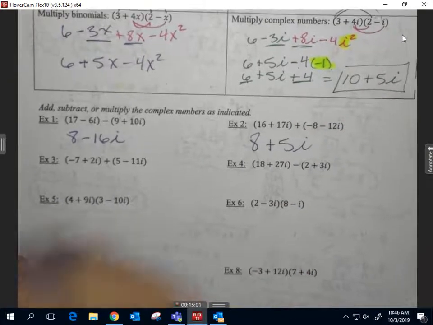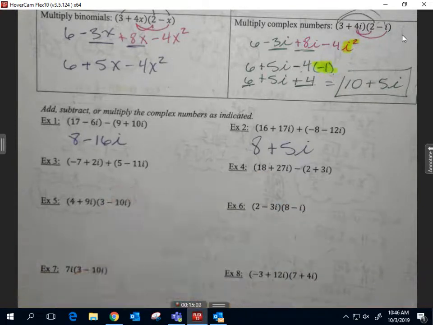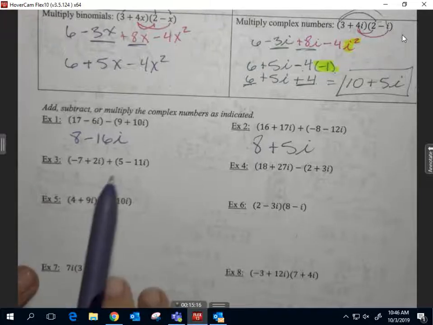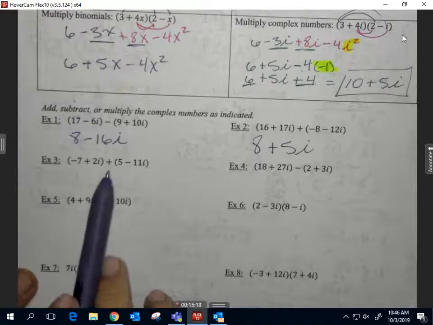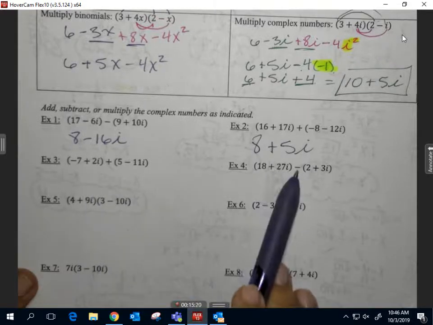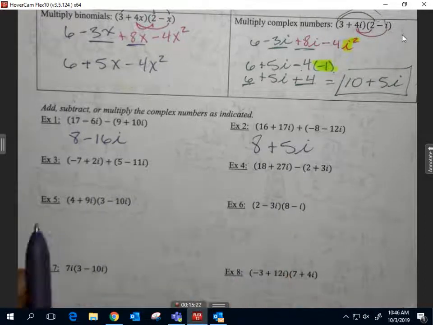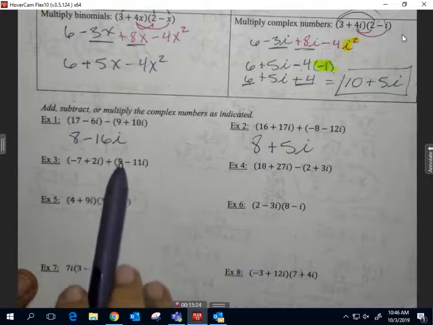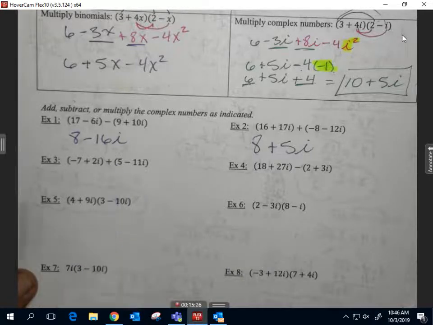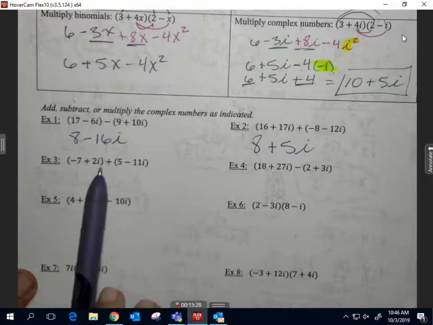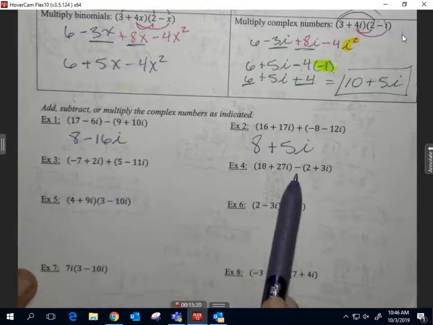Alright, adding again, negative 7 plus, and by the way, before we go any further, because I noticed this with some people, how do you know when you're subtracting versus adding? Well, it's in between the binomials, right? So it's in between the closed and the open parenthesis. That's how we know that we're adding here, we're subtracting here.